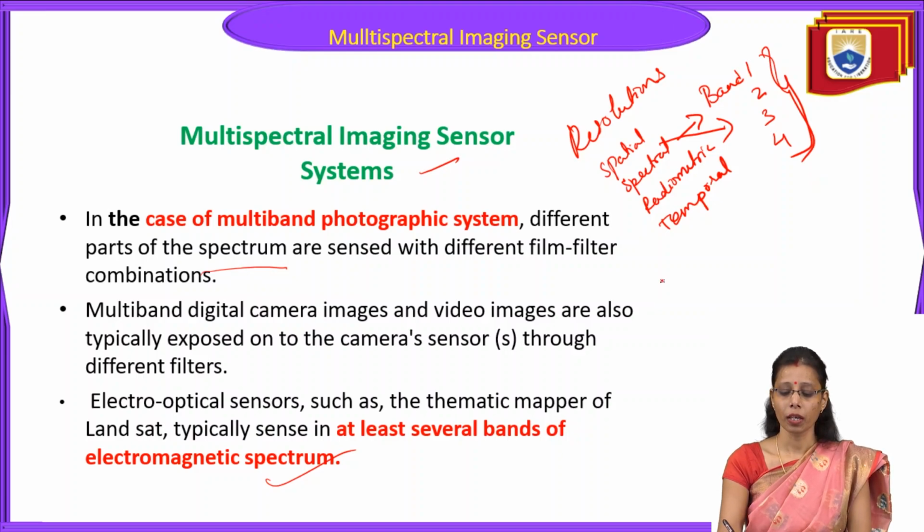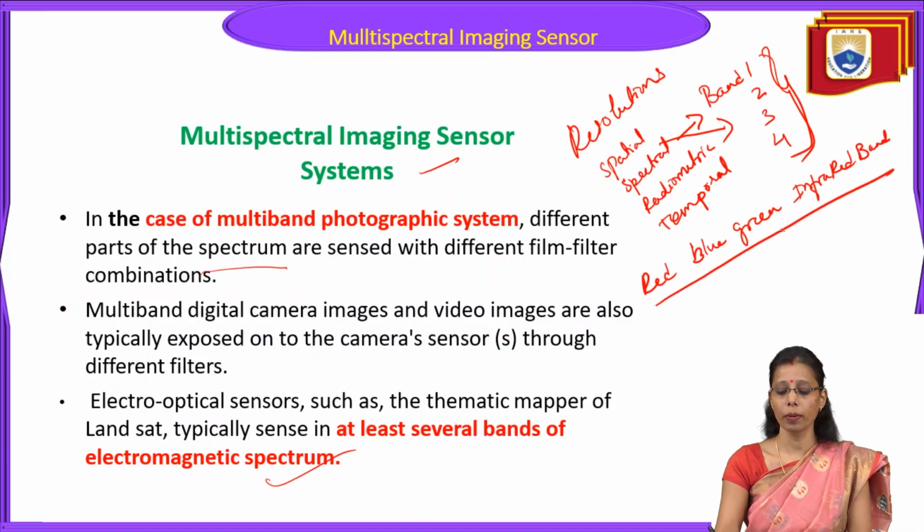Multispectral means not a single band; it will be the red band, blue band, green band, or infrared band. So the information will be given in these 3 or 4 bands, or else in, let us say, the infrared band or microwave band.